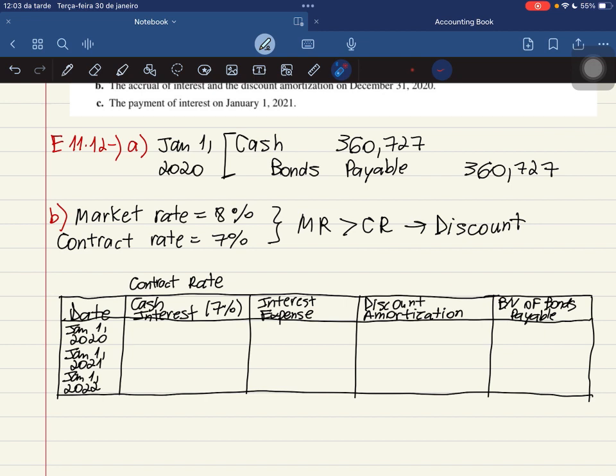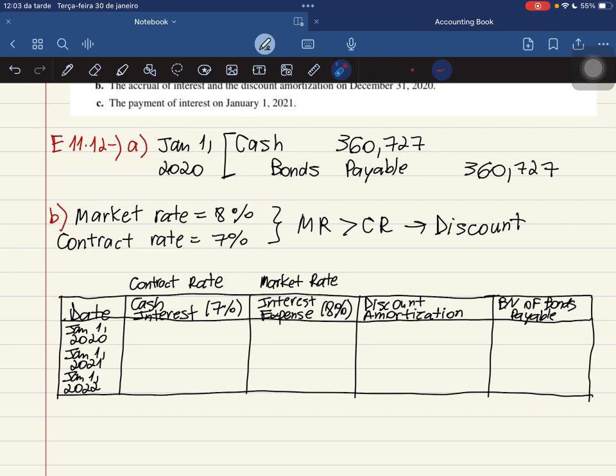Since this is the rate that was stated on the contract, these numbers are not going to change, because this is the same interest that I have to pay every year or every month according to my contract. Then we have the interest expense. This one is calculated with our market rate. In our case, our market rate is 8%. So these ones over here do change over time.